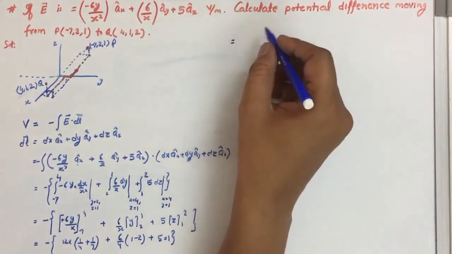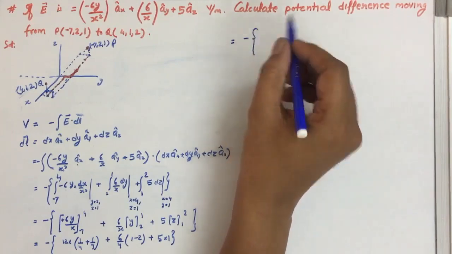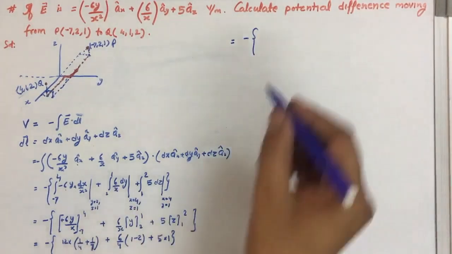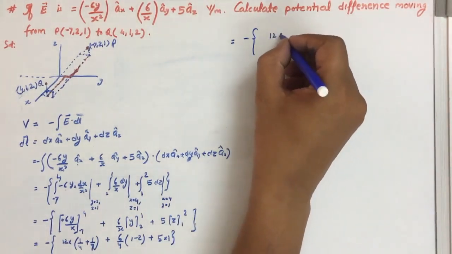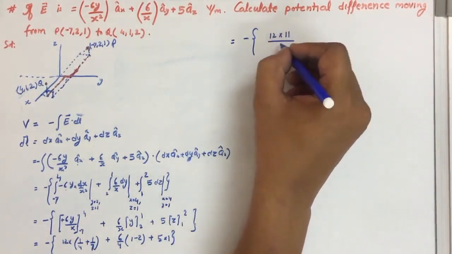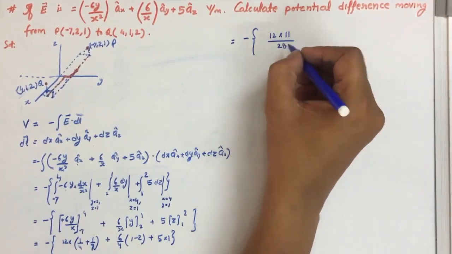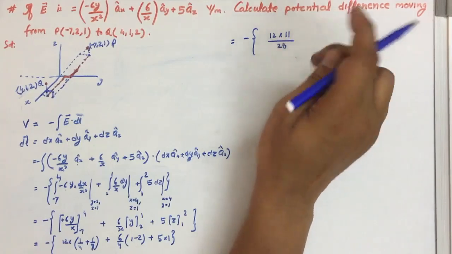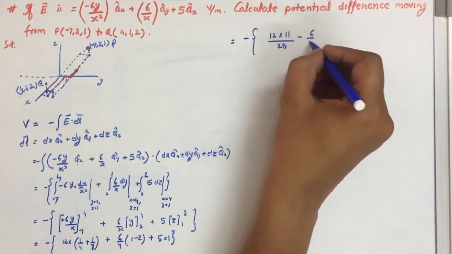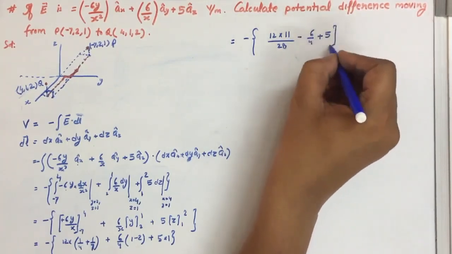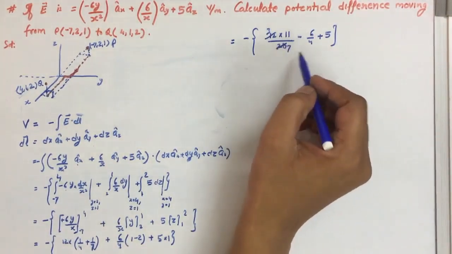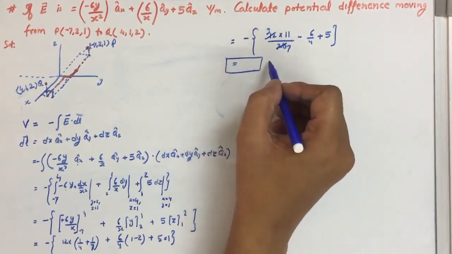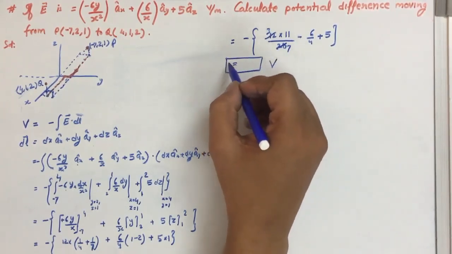After this simplification, it is quite difficult: 12 into 11 by 28, minus 6 by 4, plus 5. Now solve this, you will get the final answer.